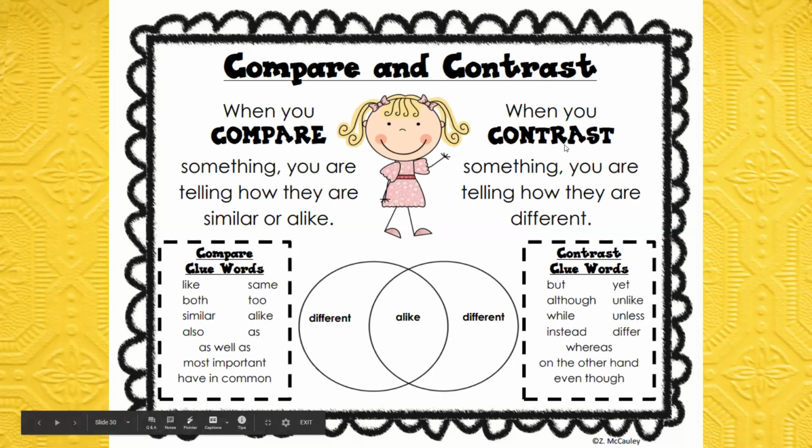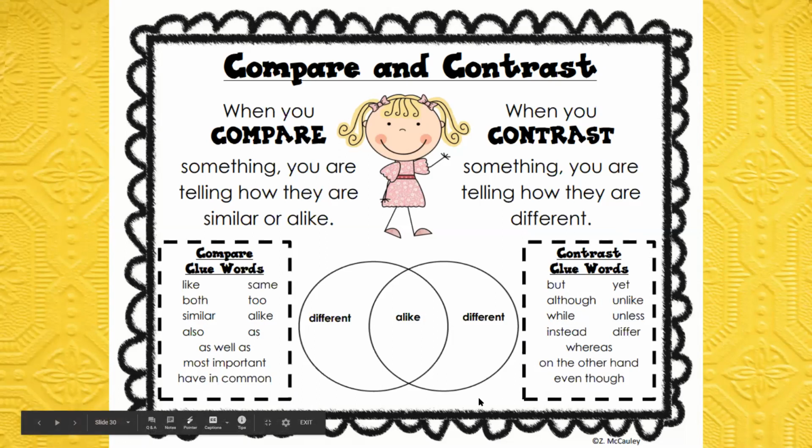And let's look at our contrasting words. But, yet, although, unlike, while, unless, instead, differ, whereas, on the other hand, even though. We use these words to contrast, to tell how something is different.